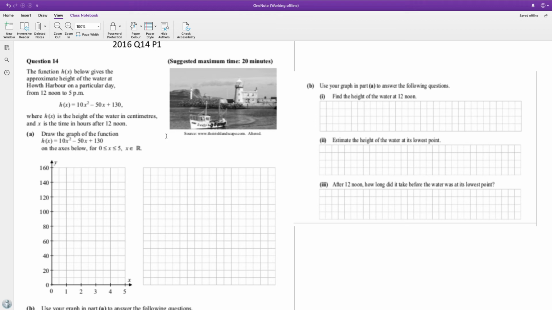And you want to draw a graph, and then we're going to answer these questions. Off you go. That's your function: 10x squared minus 50x plus 130.